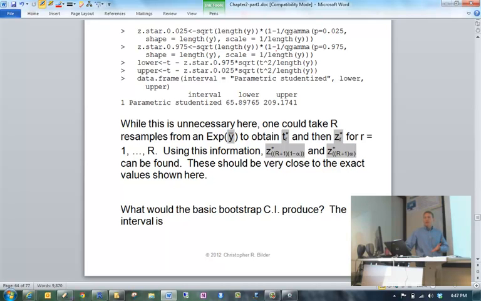For every single resample, you're going to calculate T star, or in other words, y bar star, and also Z star, which would be y bar star minus y bar over the square root of y bar star squared divided by n. Calculate that Z star for every single resample. Find the R plus 1 times 1 minus alpha ordered value. Find the R plus 1 times alpha ordered value. And there's your Z stars.